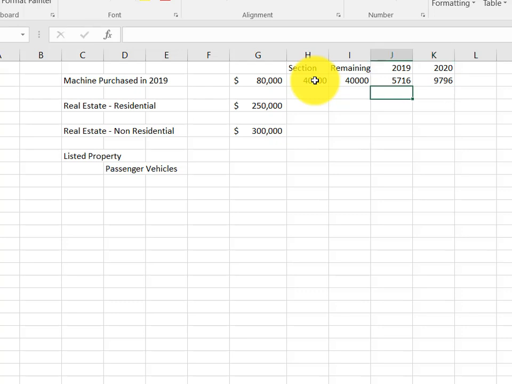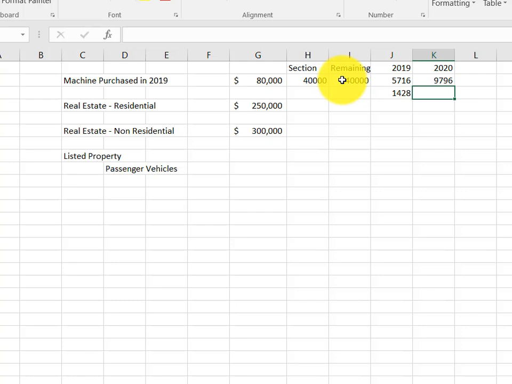Then if you look at the first year for 7-year property, it's actually 0.0357. So we're going to take the remaining, because you're only going to depreciate it as if it was bought in the middle of the fourth quarter.